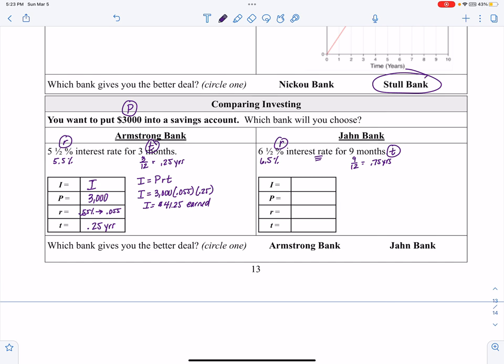And we already know the $3,000 from before. Okay, so we don't know what we're earning for interest. We do know what our original principal amount was. We know our rate is 6.5%, swoop, swoop, 0.065 as a decimal, and then our time is 0.75, and I'm going to put my unit there.